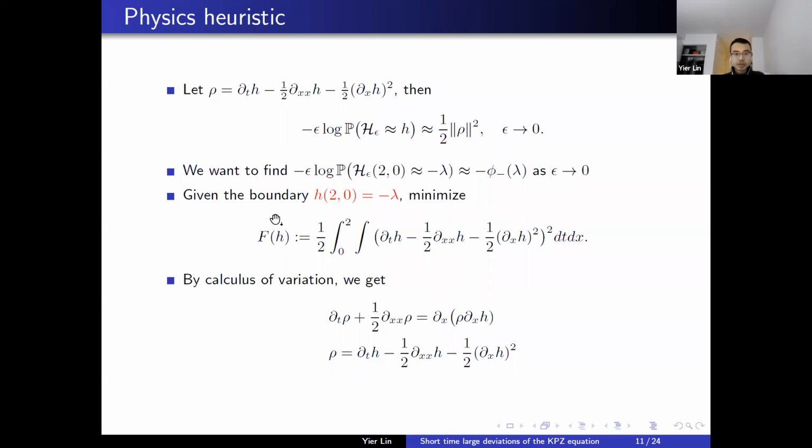Okay, you're trying to minimize. It turns out that you're trying to consider the infimum, or minimize this functional over the trajectory, subject to the condition that your h satisfies the narrow wedge initial condition, and also h(2, 0) equals negative lambda.